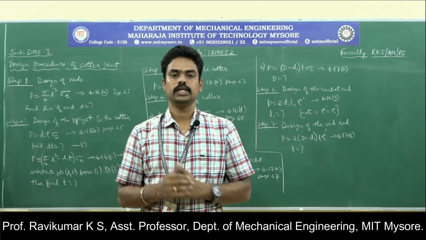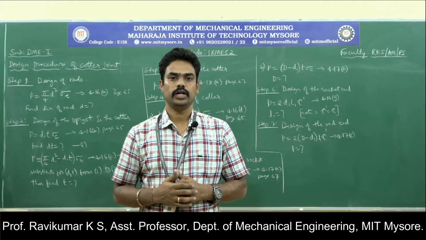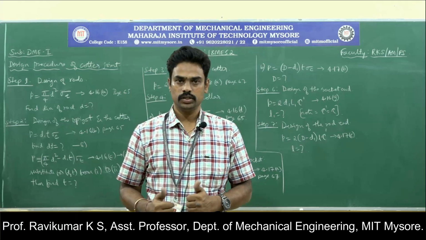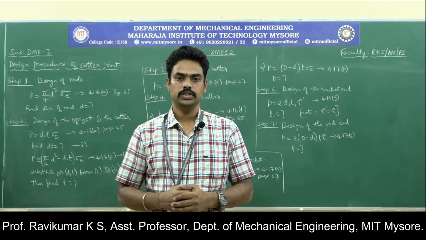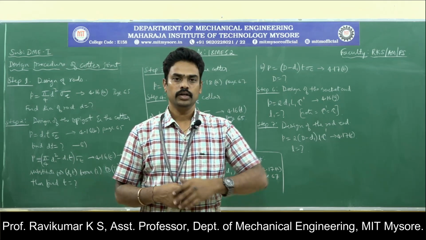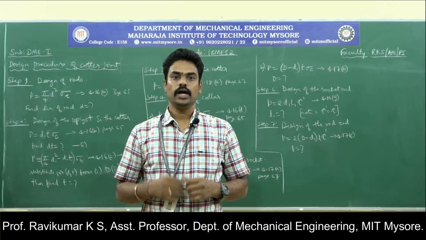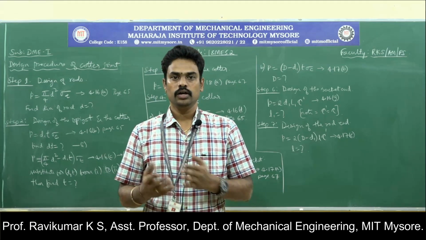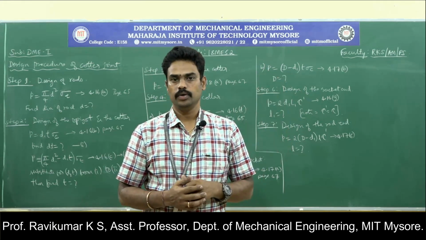Then, using the empirical relationship given on page number 66 of the data handbook, calculate all other dimensions like d1, t, l, capital D, capital D1. Then substitute in these equations, get the shear stress and compressive stress, and compare with the given set of stresses in the problem.